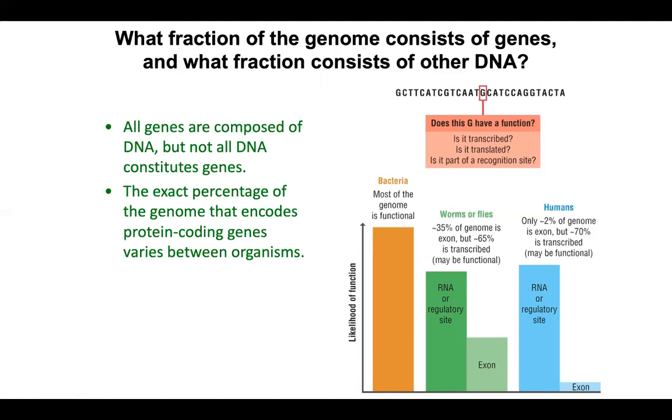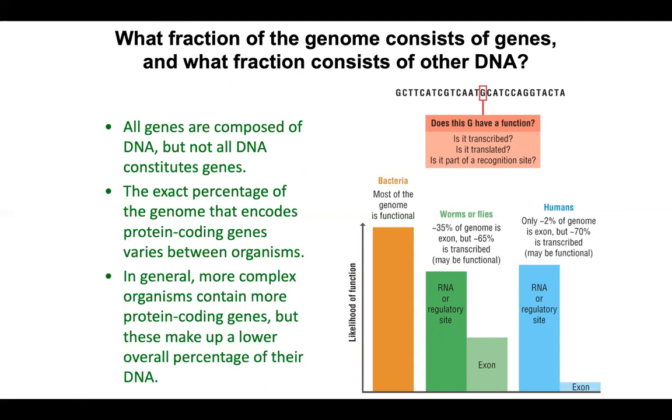And also the percentage of the genome that codes for protein coding genes varies a lot between organisms. The general trend is that so-called more complex organisms contain more protein coding genes, but they make up an overall lower percentage of the DNA.